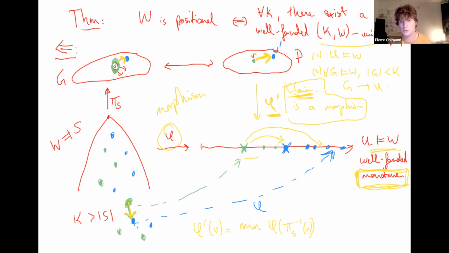And this is what I wanted to prove. That's because of the monotonicity property, because this blue guy is less than that blue guy.